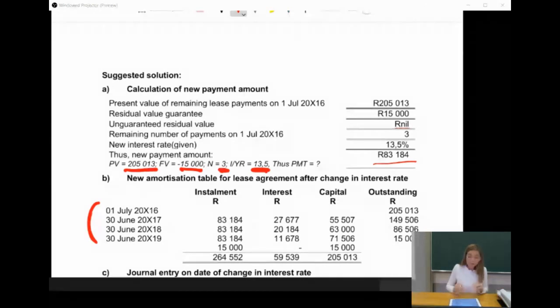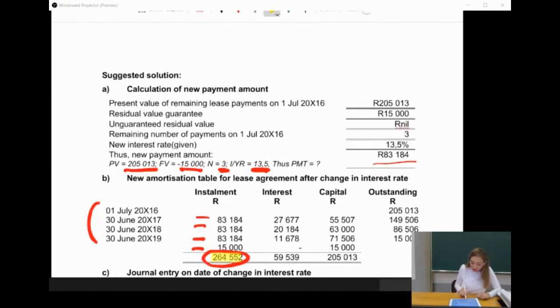Okay, so here we do our amortization table now for the remainder of the lease. There's our new lease payments as well as our residual value guarantee. So this balance over here is what we want our new total to be in our gross investment in the lease. And this total over here is what we want our total now to be for our unearned finance income.